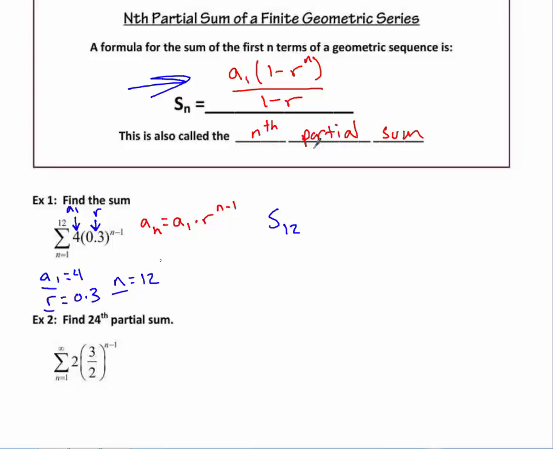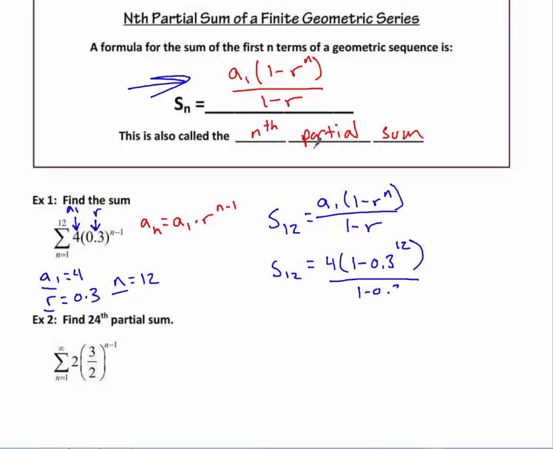So the sum from 1 to 12, so the sum of the first 12 terms, equals a sub 1 times 1 minus r to the n over 1 minus r. Now we just plug everything in. So s sub 12 equals 4 times 1 minus 0.3 to the 12th divided by 1 minus 0.3.